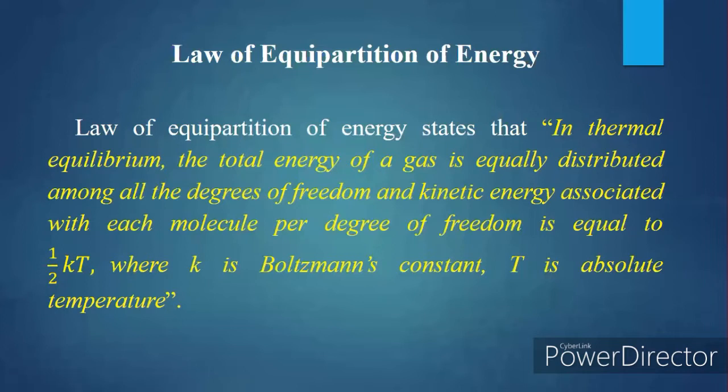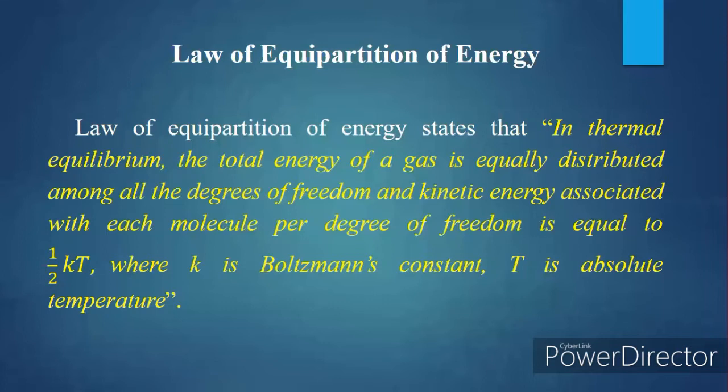If a molecule has 3 degrees of freedom, the energy of that molecule will be distributed into 3 different directions. If it has n degrees of freedom, then the energy will be distributed into n directions, into n parts.